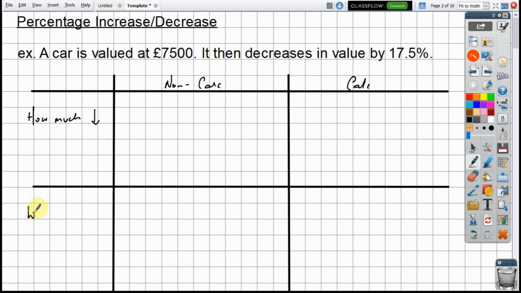We've got what's it worth, the two different questions. And we'll go through this just now as well. Deliberately chosen a more difficult percentage. Right, we know that 10% equals £750.